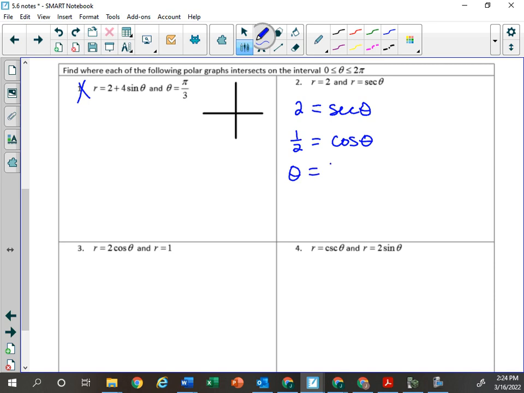Pi over 3, and what else? Okay, I like it. That's not the whole thing, though. Like we gave an x, y ordered pair in the other one, we need to give an r, theta answer. You can easily see in this one that r is 2, or you could plug the pi over 3 in to get the 2 as well.